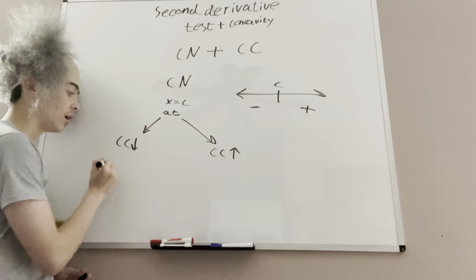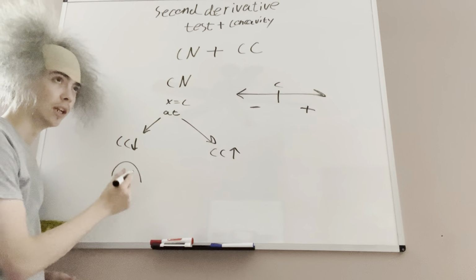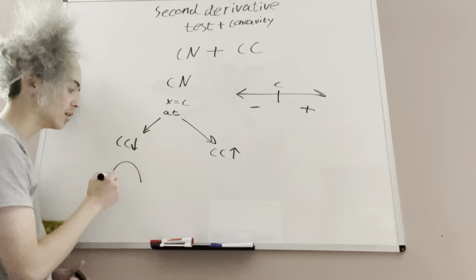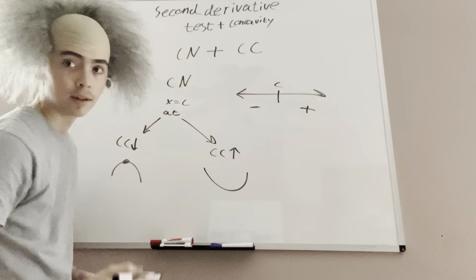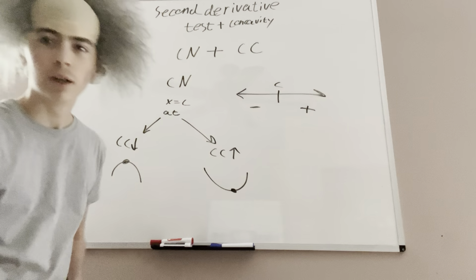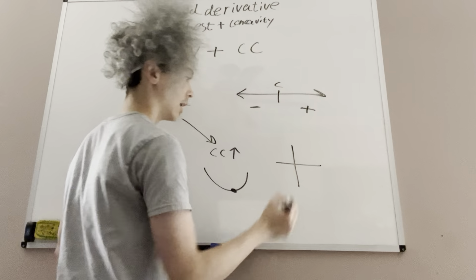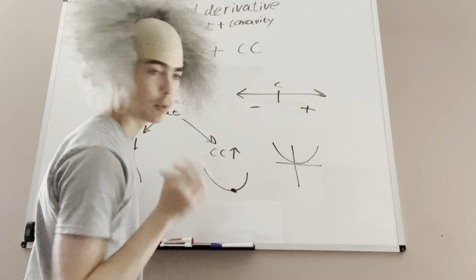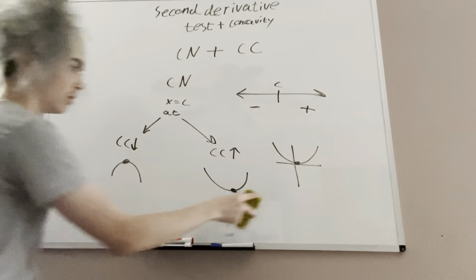Now, if you have a concave down function at a critical number, meaning your function is concave down instantaneously at the critical number, you're going to see a relative maximum, right? Now, if you have a concave up function at the instant you have a critical number, you're going to have a relative minimum, right? Looking at this on a graph, if we have y equals x squared right here at x equals 0, we know this function is concave up the whole time, and we have a critical number, so we know that there's a relative minimum, right?